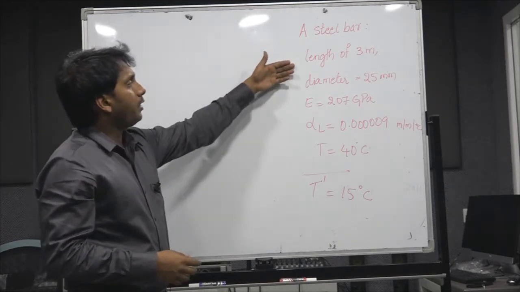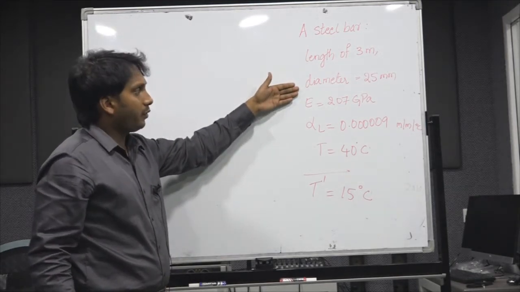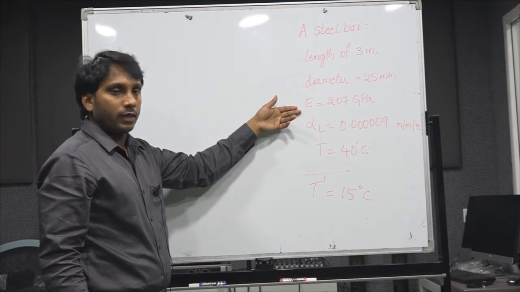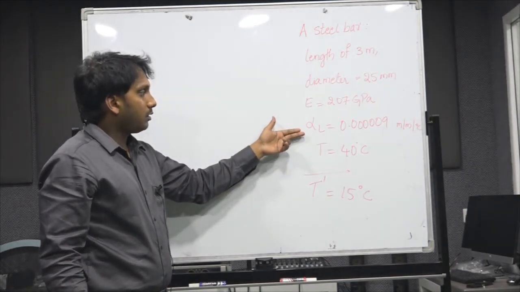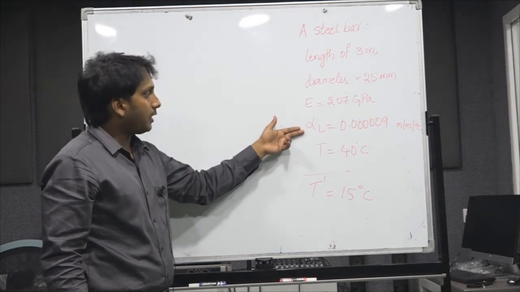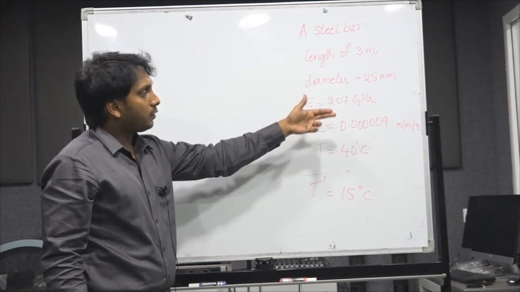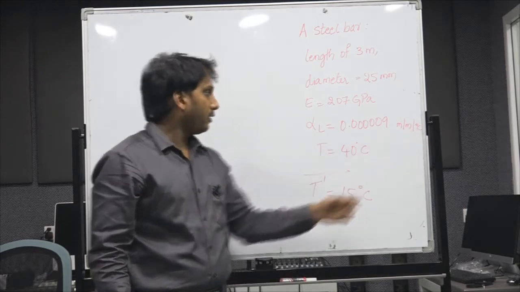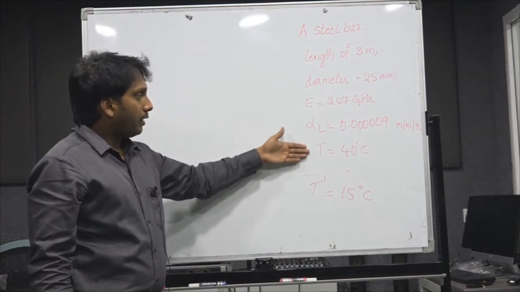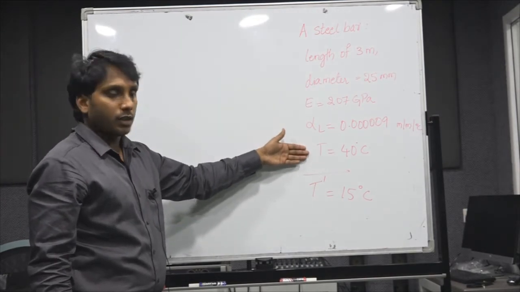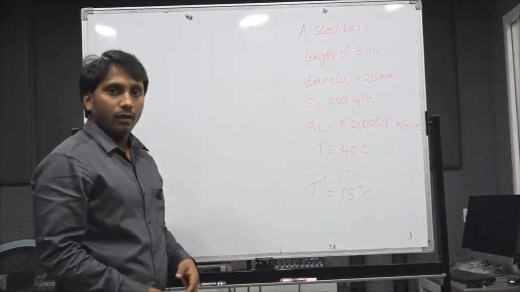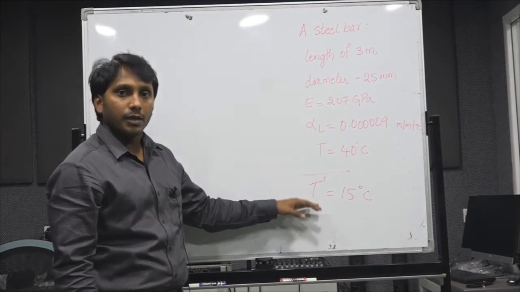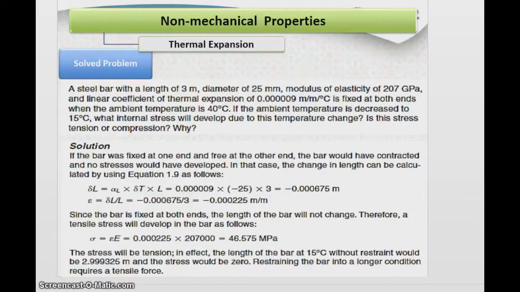A steel bar having a length of 3 meters and a diameter of 25 mm, with a modulus of elasticity E of 207 GPa, and a linear coefficient of thermal expansion of 0.000009. The ambient temperature for the steel rod is 40 degrees centigrade, but here the temperature has been decreased to 15 degrees centigrade.